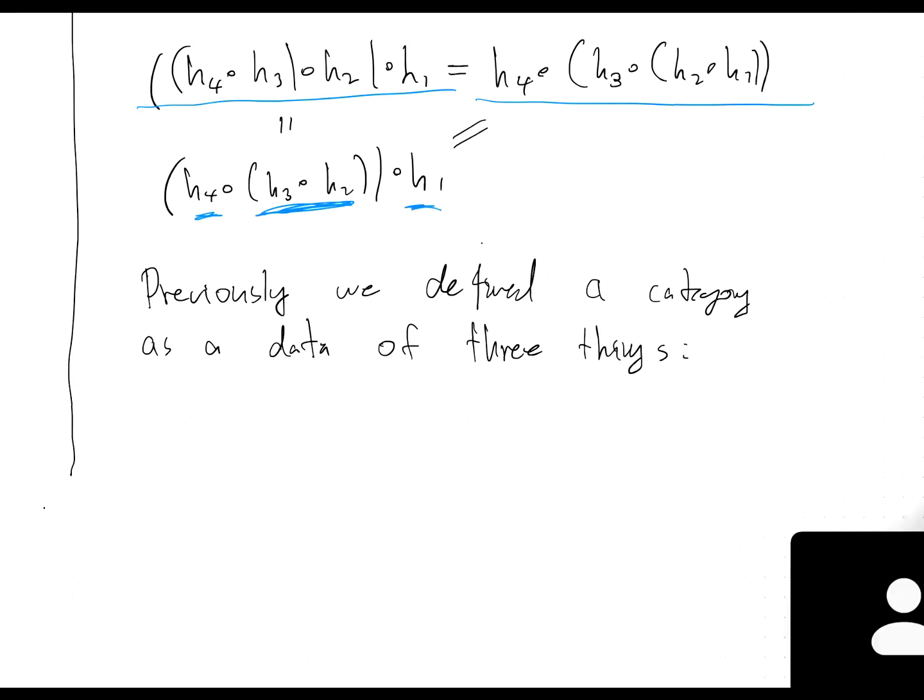These were objects, in other words, the set of objects or class of objects, morphisms, and equivalences. And now we're defining a category as a data of objects.